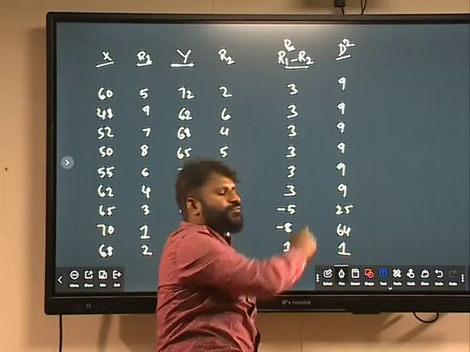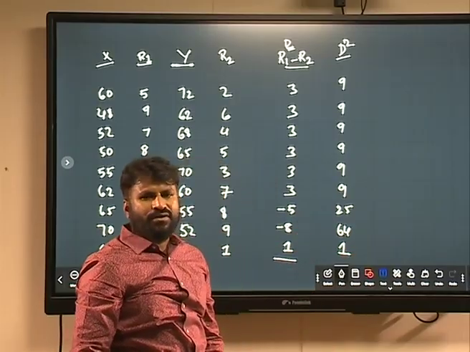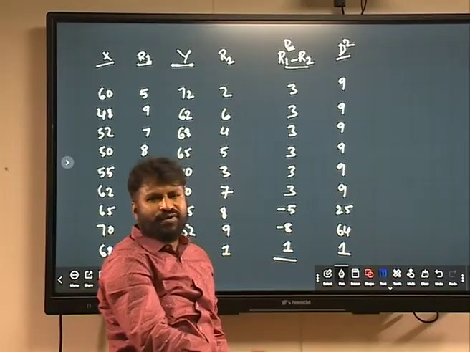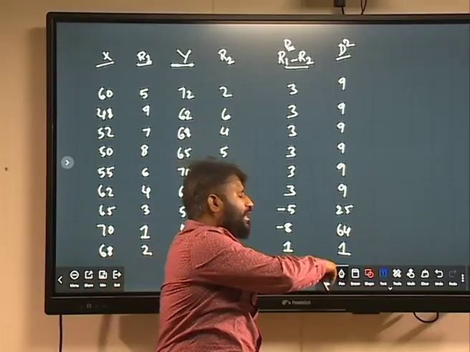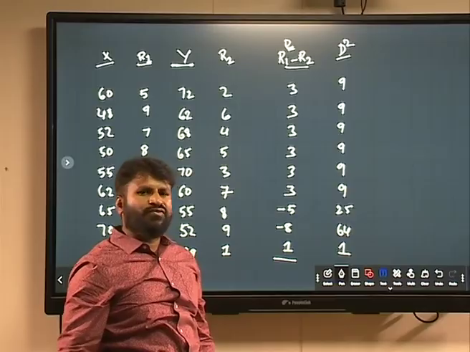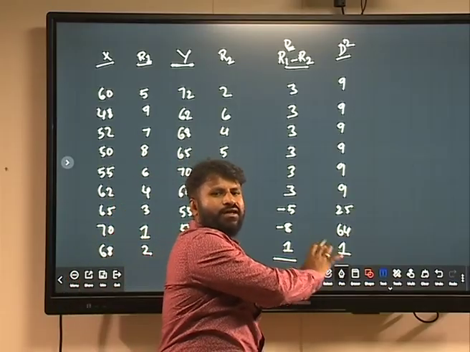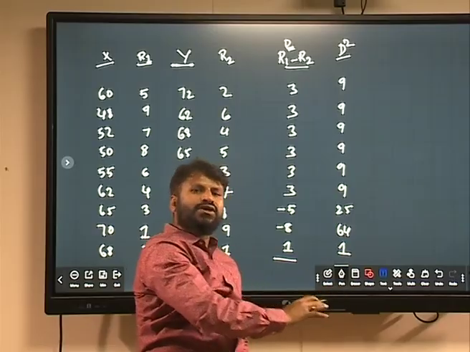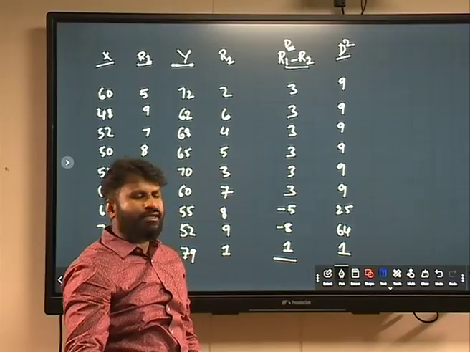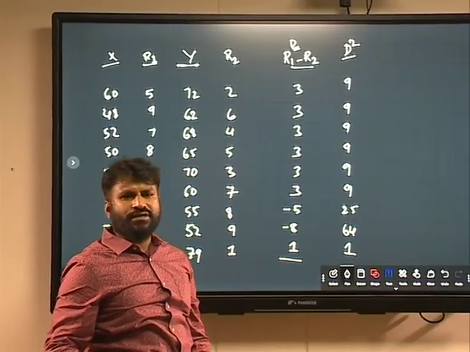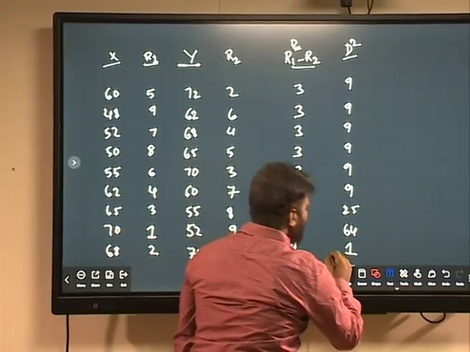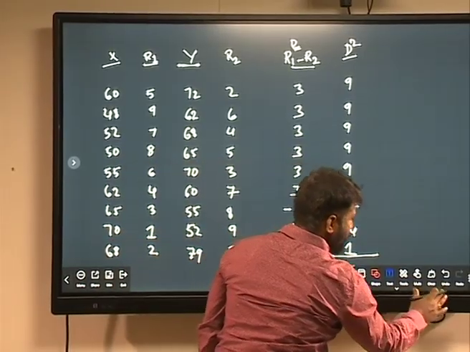Here if you observe the D square value, whether it is a positive or negative value, when you calculate the square, it will come out positive only. So that is the reason you need not worry about whether it is positive or negative. Whatever the difference value is, that value only you have to consider. After that, you can just sum these.